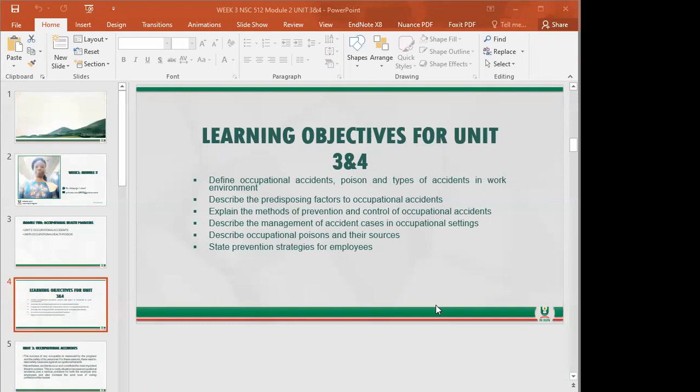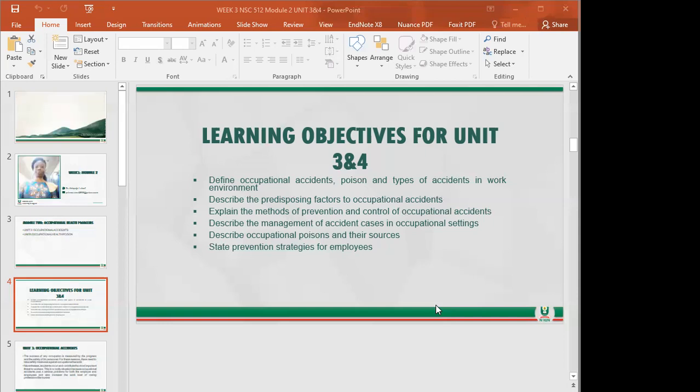You need to take note of it and understand it, because these are things you will come across during your exams. Define occupational accident, define occupational poison, and not only define it, you should be able to state and describe different types of occupational accidents that occur in the work environment.